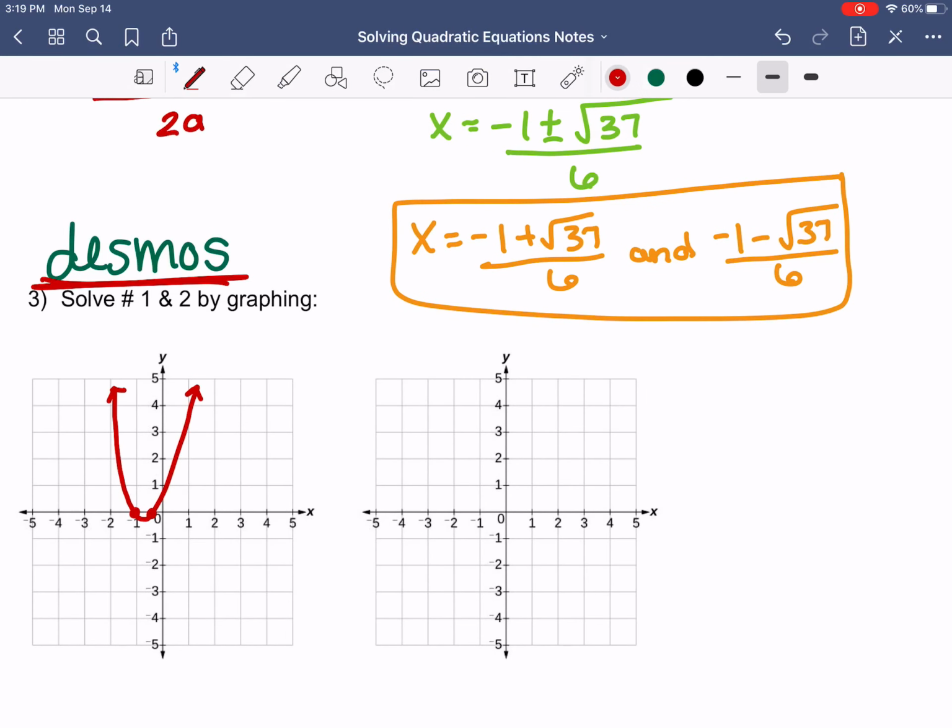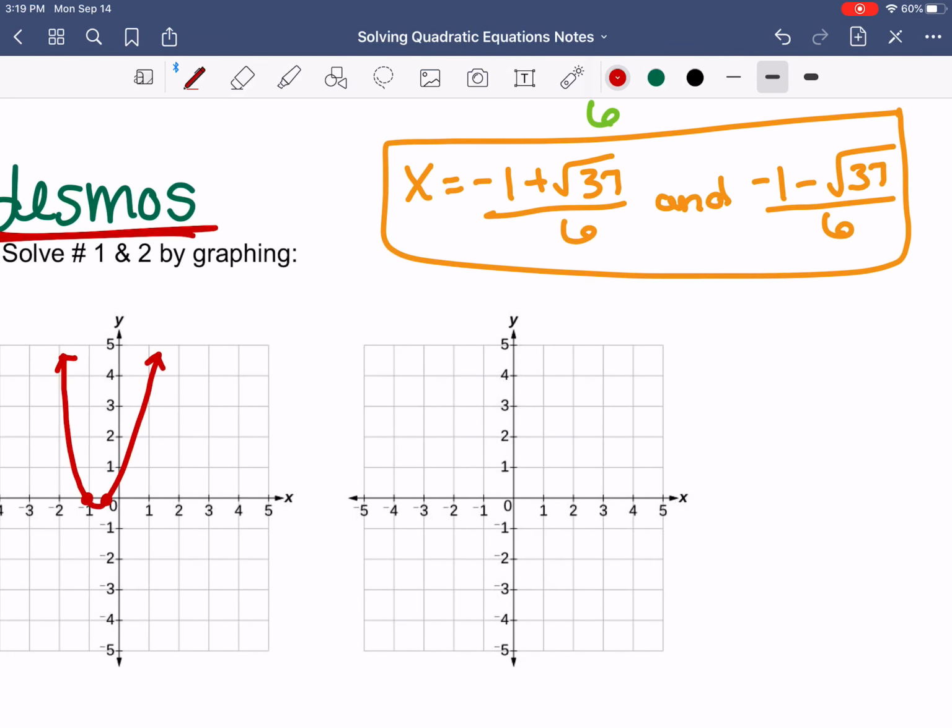I know it's kind of hard because they were decimals, but one of them was at 0.847, so that would be here close to 1, and the other one was at -1.18, so that would be over here. Our parabola was opening up, so we're going to draw a rough sketch.